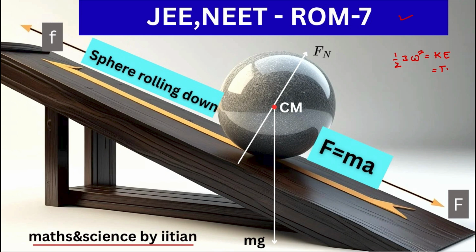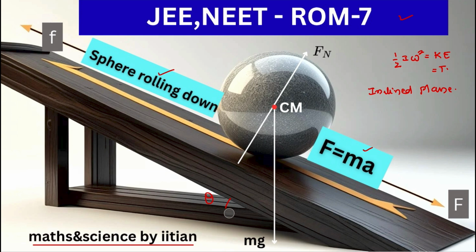Today in this lecture, we will be talking about a body like a spherical metallic ball rolling down an inclined plane. The inclined plane makes an angle theta with the horizontal.